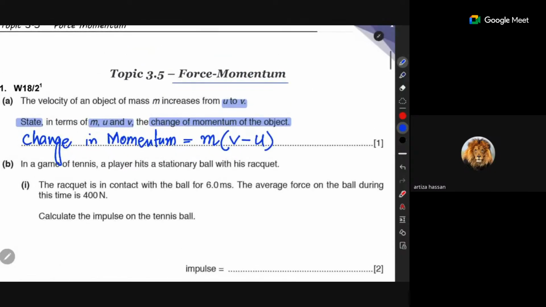Here v is the final velocity and u is the initial velocity. For example, an object of mass m has initial velocity u, and after some time it moves with a certain velocity v, then its momentum changes. So we say its change in momentum is m into (v minus u).